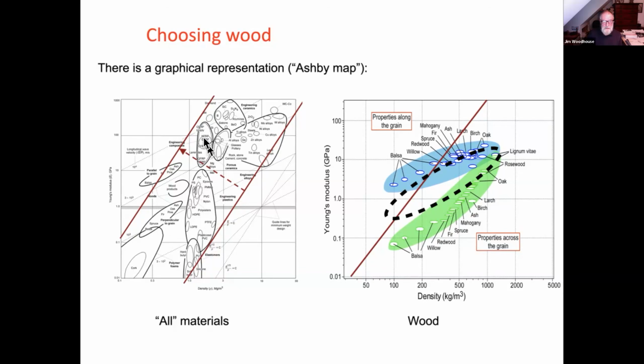This one here is our composite materials, carbon fiber, glass fiber, reinforced. This one right at the top here are ceramic materials. So there are engineering ceramics like alumina and silicon carbide, which you might have in your drill bits when you're putting shelves up. And right at the very top, you get diamond. That's the highest stiffness of any known material at a particular density.